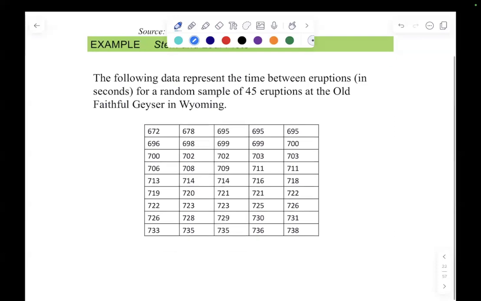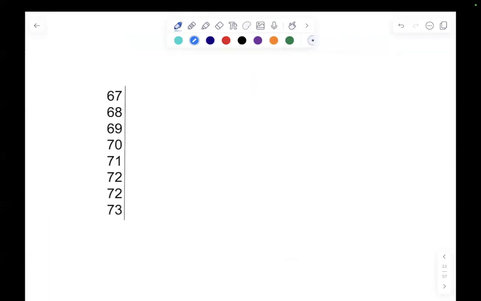When you are creating a stem and leaf plot of this data, I list the hundreds and the tens place on the left-hand side of the line. Notice that I have two 72s here. The reason there's two 72s is because I had a really large number of data values in the 720s.